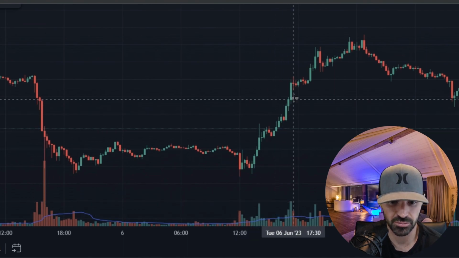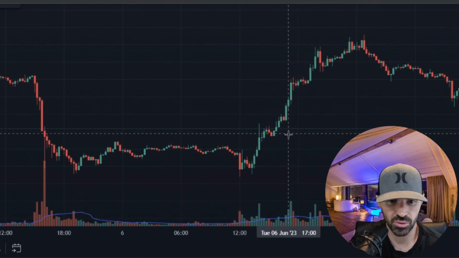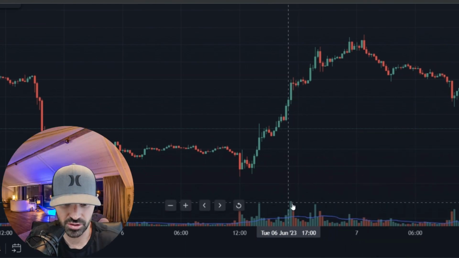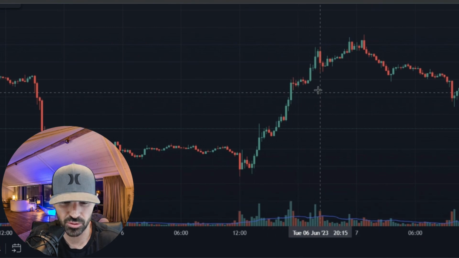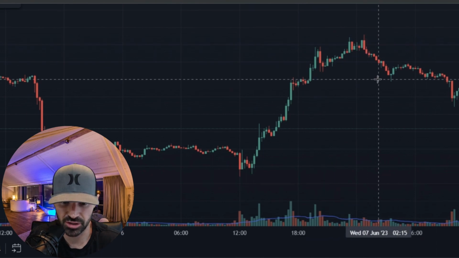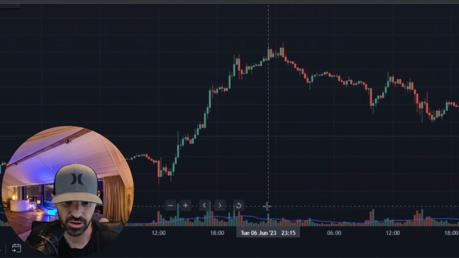So that was confirmation that the price was breaking out. As you can see here, the next green bar was lower than the previous one. So you could see that this was topping out here, and eventually the price just sold off.